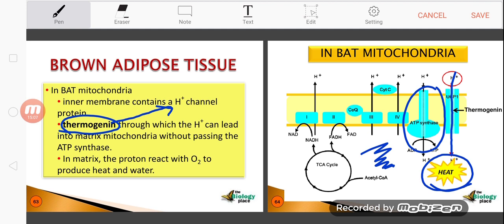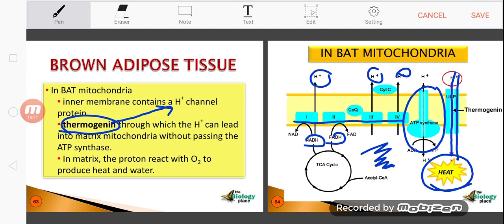So that's what it means by this BAT will use food particles to produce heat. Okay, the food particles, the Krebs cycle eventually produce the NADH and FADH2, and when this NADH and FADH2 undergo oxidative phosphorylation, it will increase H plus concentration in this region here.